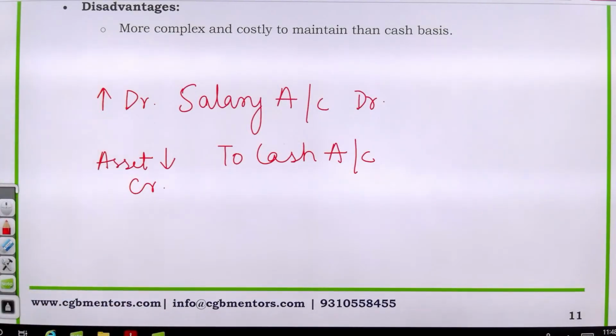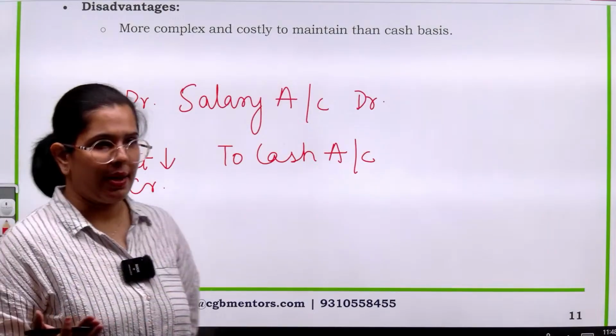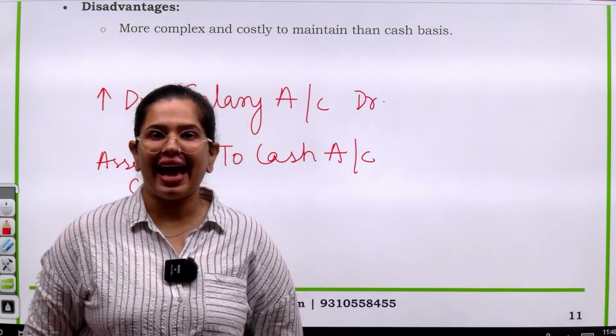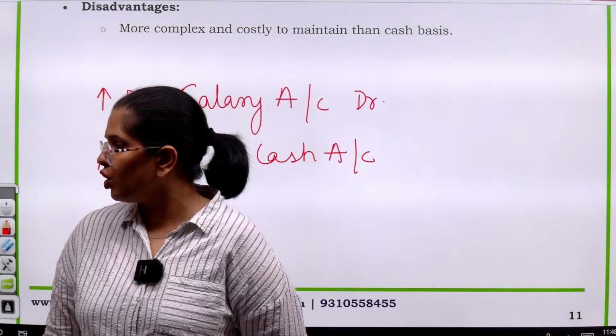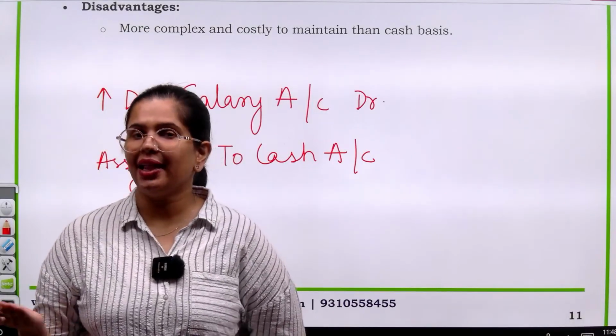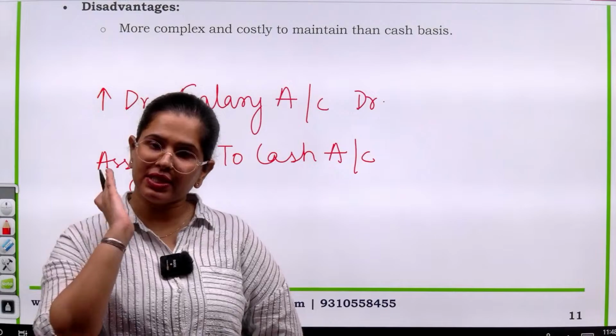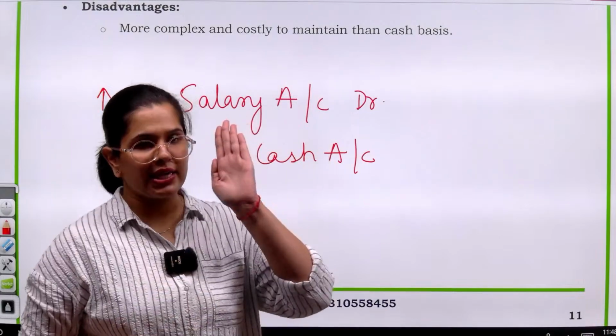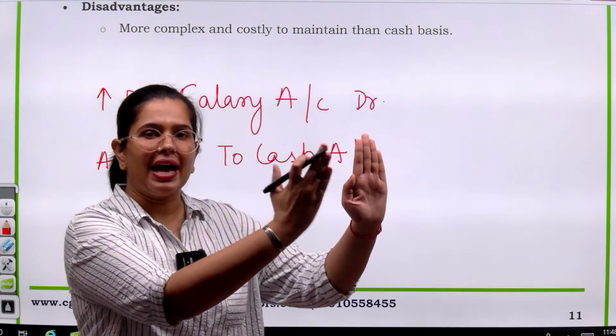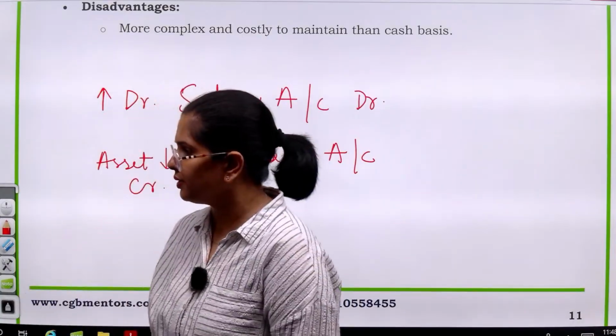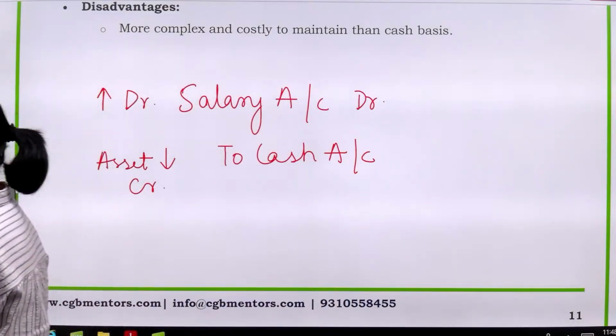सोचो, you are purchasing something, so obviously your cash will go down, yes or no? So both expenses and the assets, they cannot have the similar path. If the expenses are increasing, the asset has to decrease only. समझ में आई ये बात?